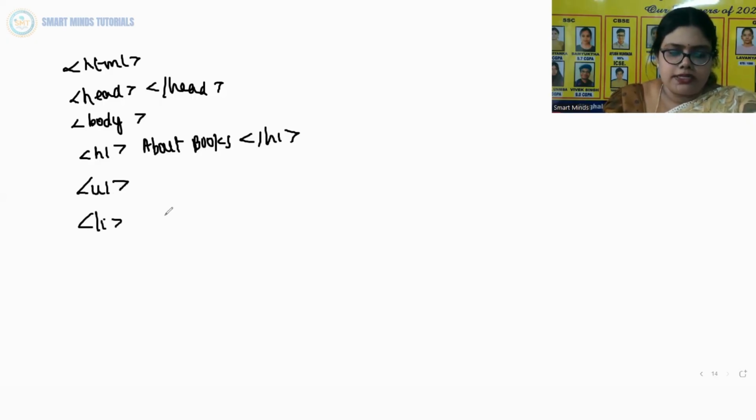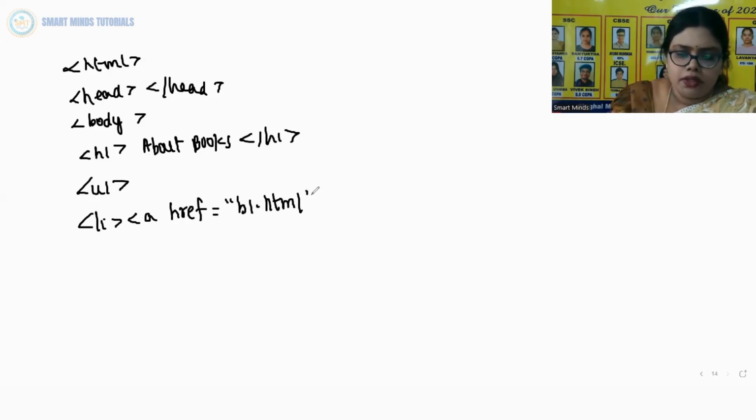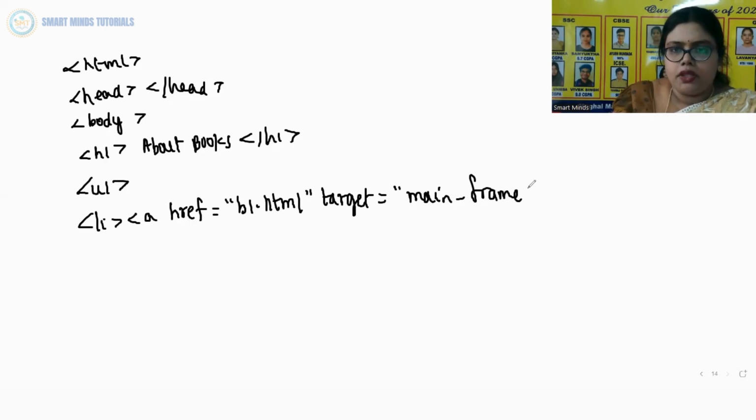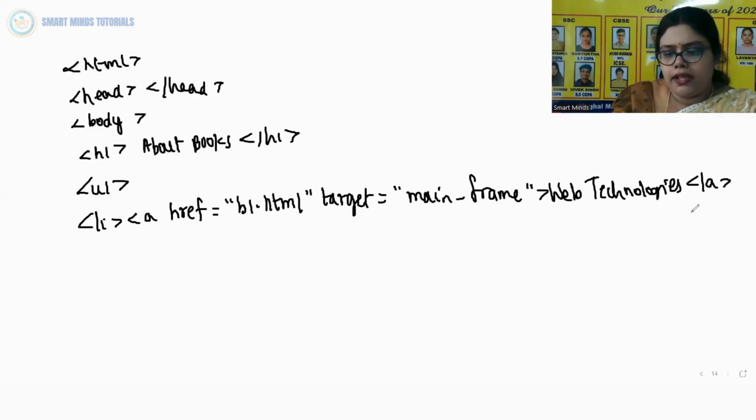Now open the list tag. Under this we follow it by the A element: A href equals "b1.html" target equals "main_frame", web technologies. Close the A tag and close the list tag.